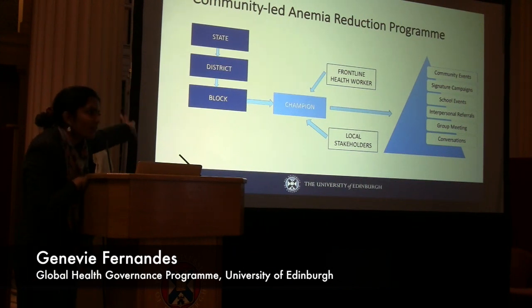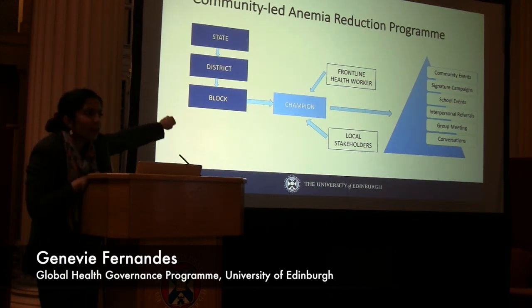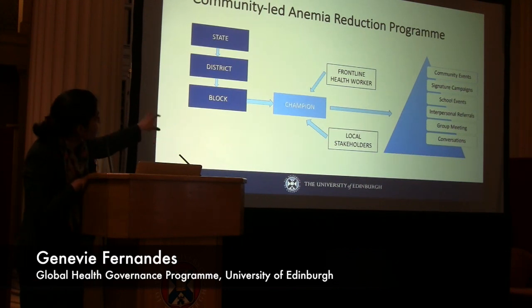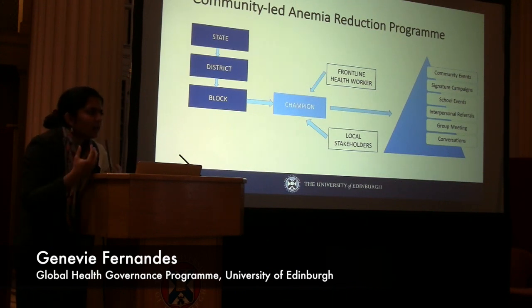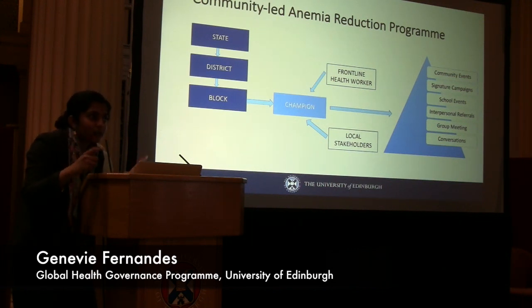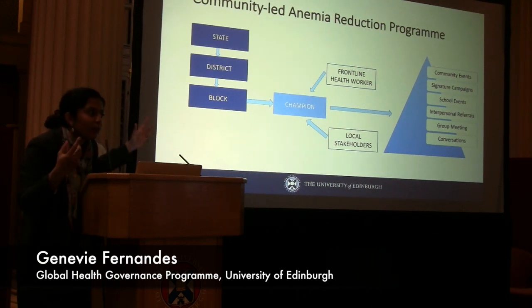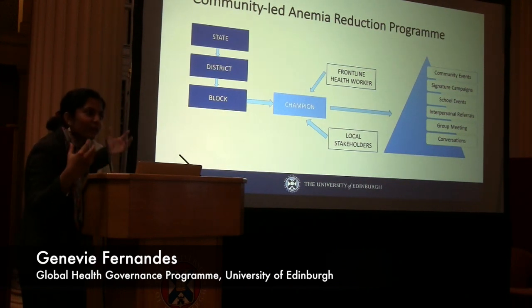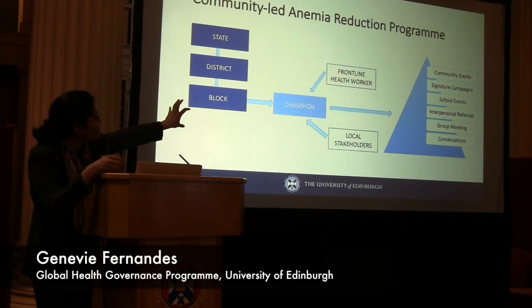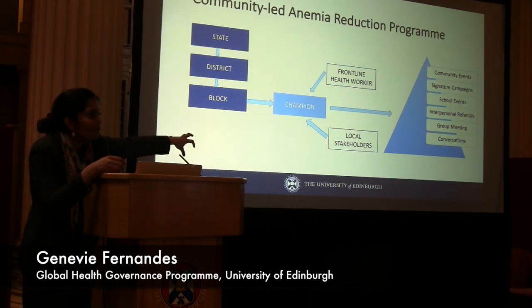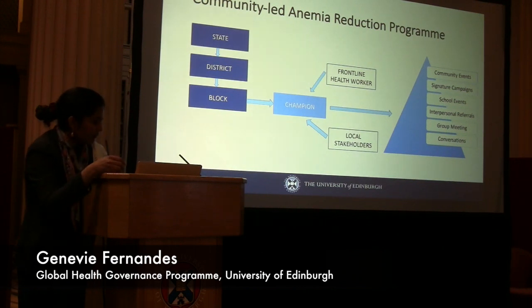So we got a government health worker from the block, we got a champion who's a local volunteer leader from the village, we got them together, we trained them, we gave them training in communication skills, a lot of audio-visual based training through mobile phones because we couldn't go there to every person, just to reduce costs. And then we also got them in touch with the frontline health worker. If you remember the video that we saw, the lady Manju, so every village has a government frontline health worker. So we got them to work with this champion, and then we got local stakeholders involved.